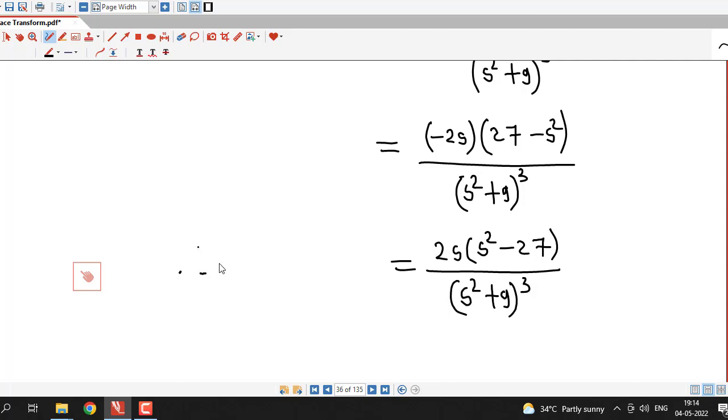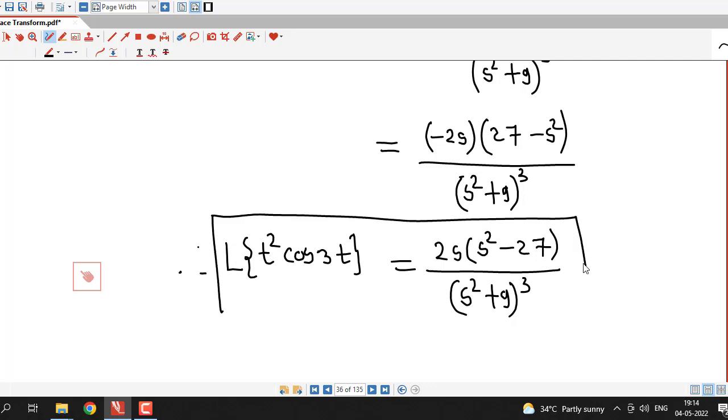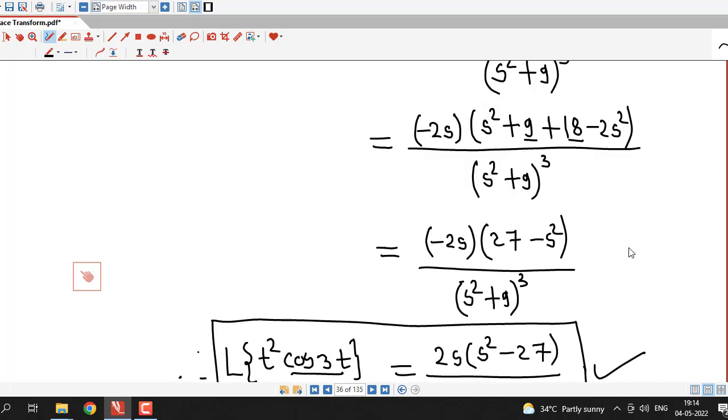So therefore Laplace transform of t square times cos 3t is obtained using that formula. We have obtained Laplace transform of cos 3t, and then that Laplace transform is differentiated 2 times with respect to s, and this is the simplified form of that derivative.